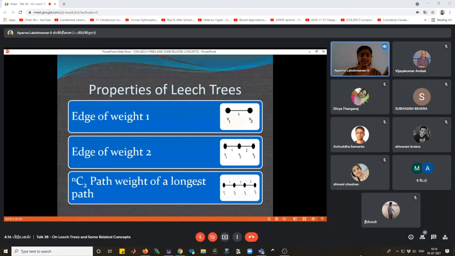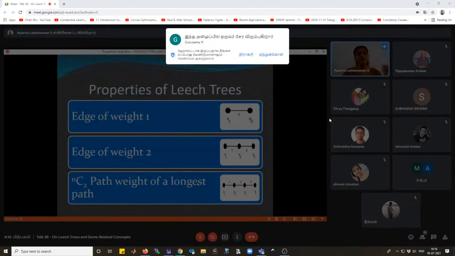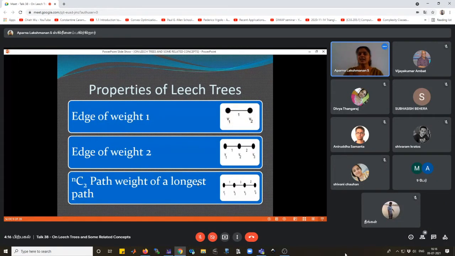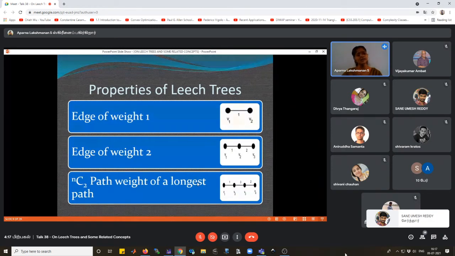When coming to maximum, we mean that the number of edges is maximum. There is no path of length greater than that. That is maximum. And here what we say is maximal. So nC2 will be the weight of a maximal path. If not, there will be a longer path which contains this path and the weight of that path will be definitely greater than nC2, which is not allowed. So nC2 must be the path weight of a maximal path.